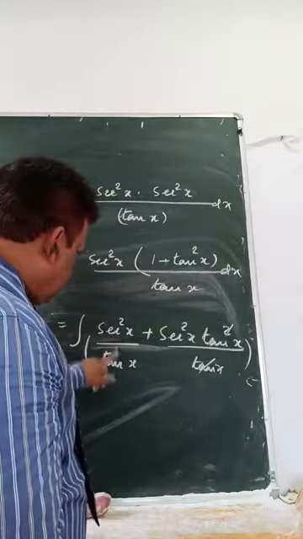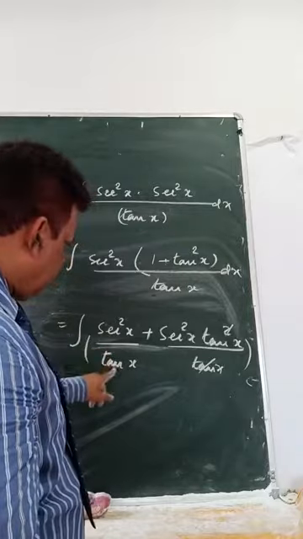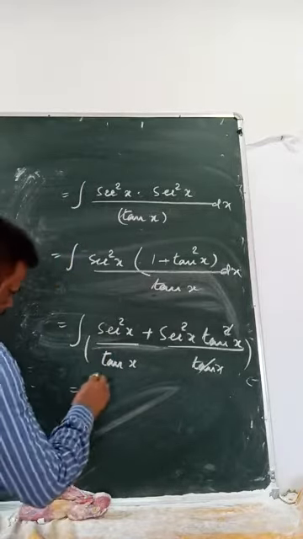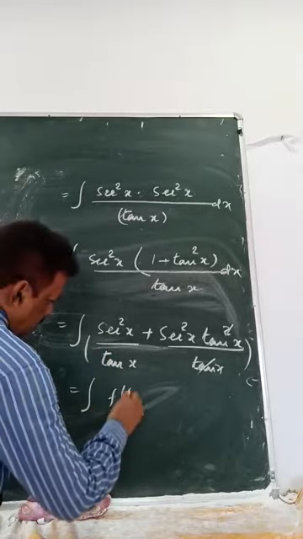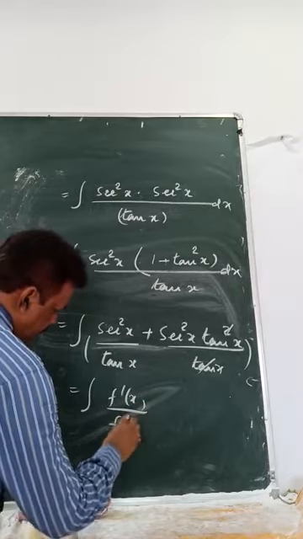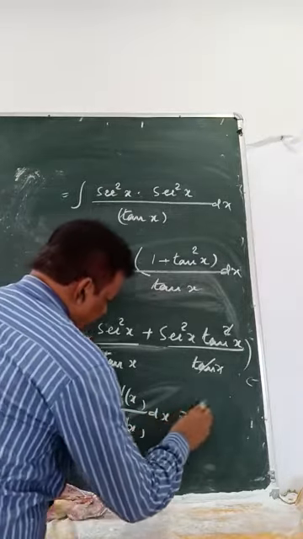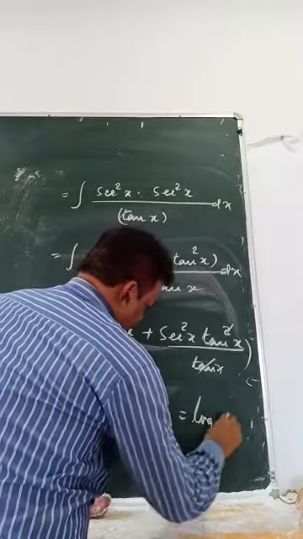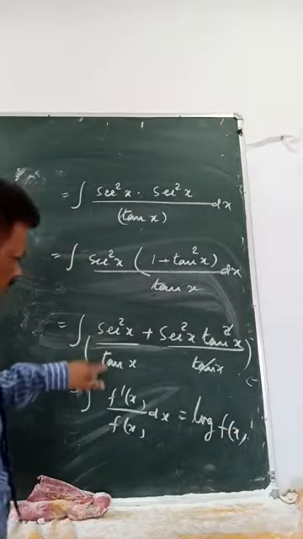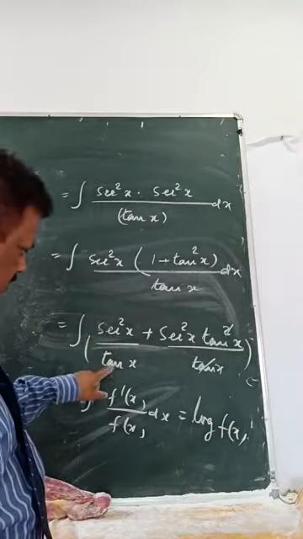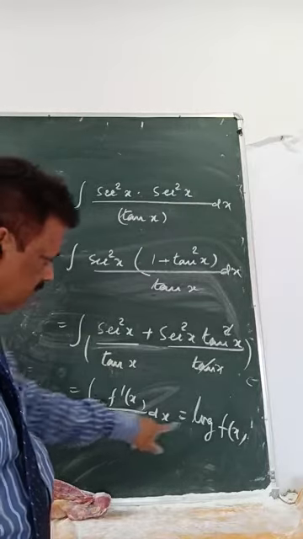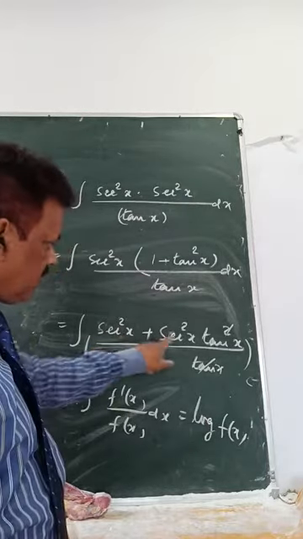Now you can check here f dash x by f x. This became log f x. You start the derivative with this one. So log of denominator. This part is done. This I have to simplify.